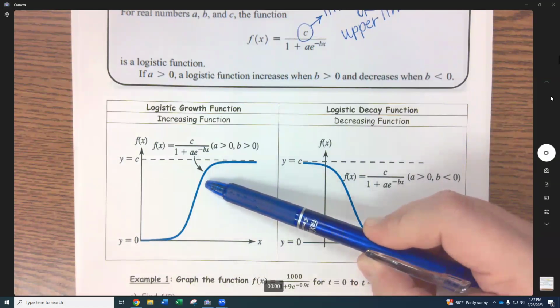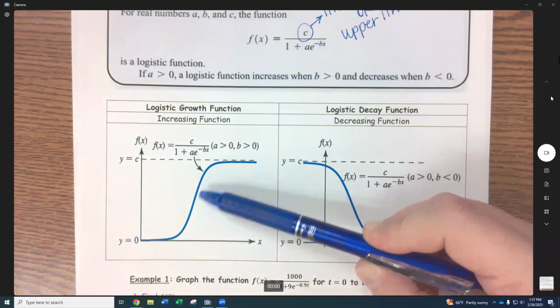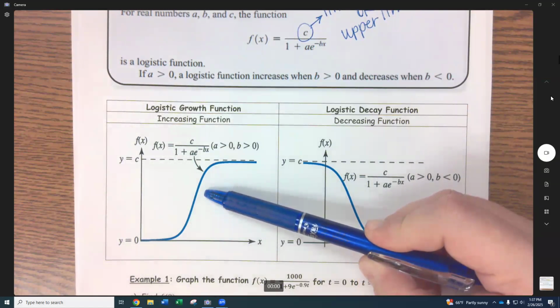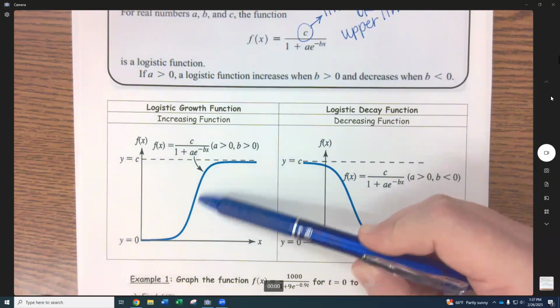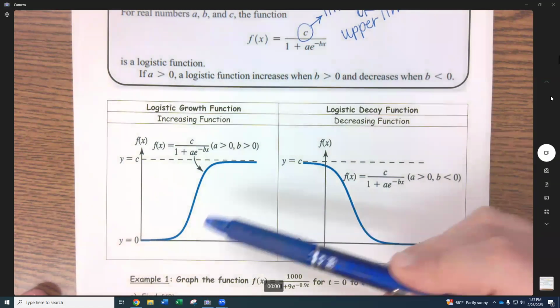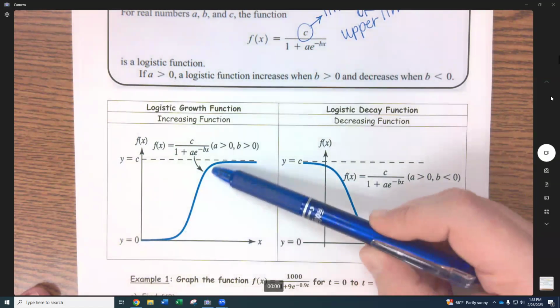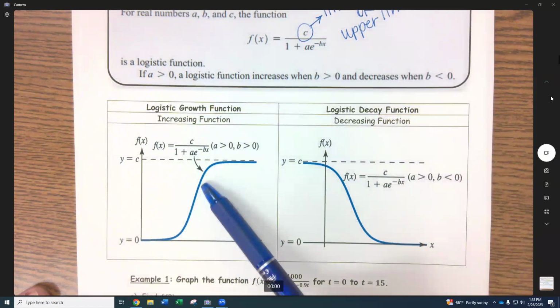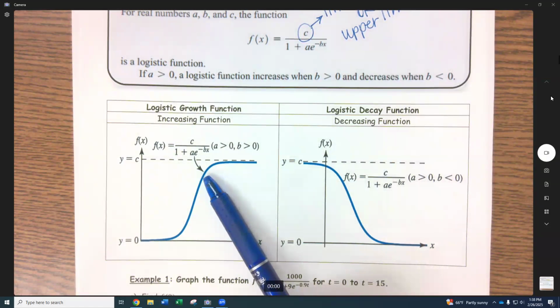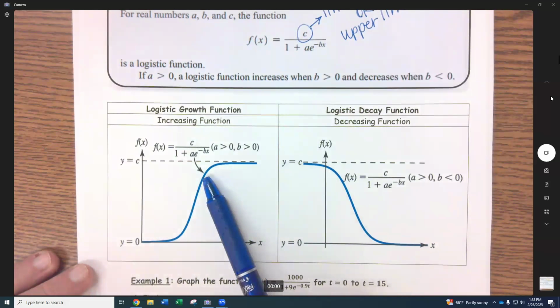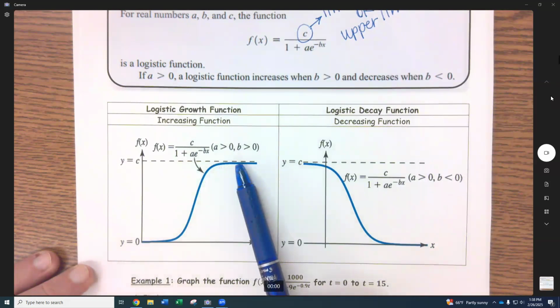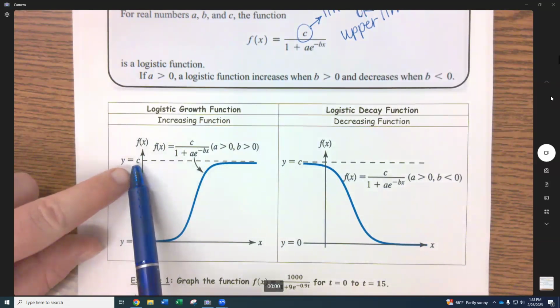People at school had it, your brother's friend had it, your barber had it, then your mom had it, then you got it. Everybody knows somebody that has it. But then we start getting immunity. We start getting the vaccine. It starts running out of new hosts, and so then it starts leveling off. Whatever the number of people in the United States is, that's not carrying capacity. That's the maximum number of people that can have it.